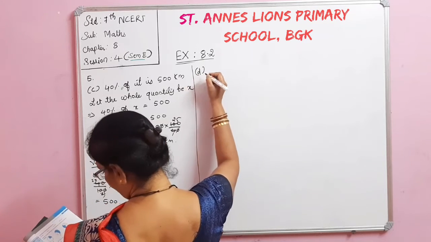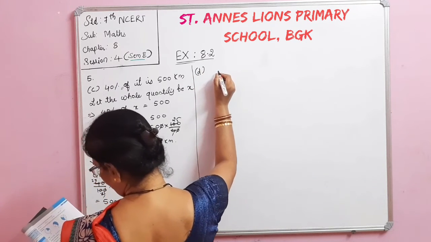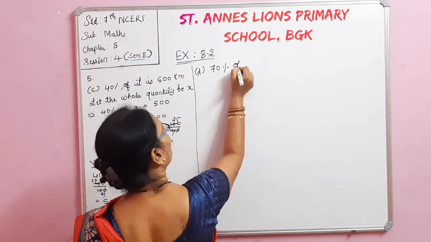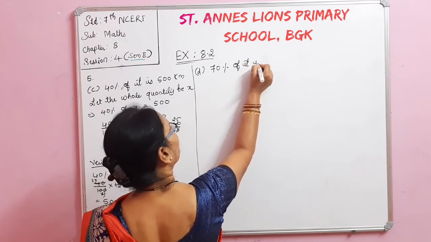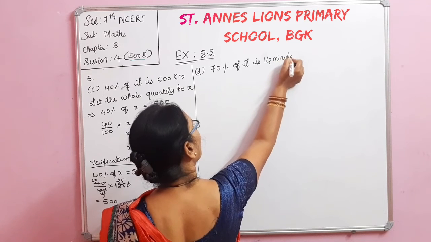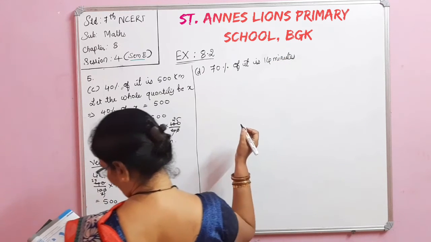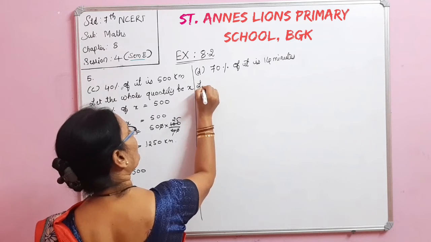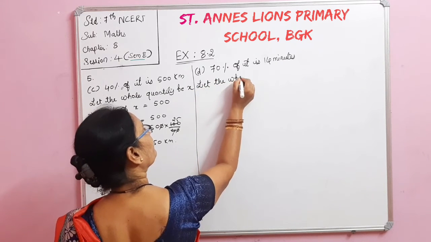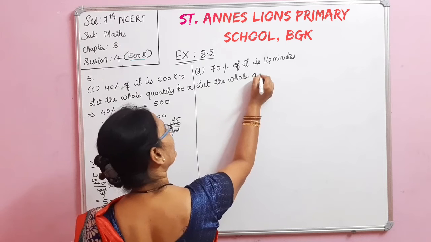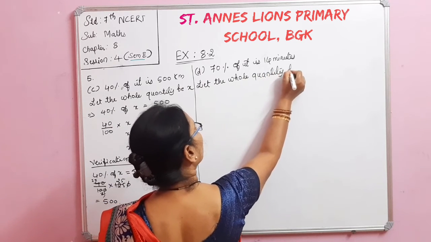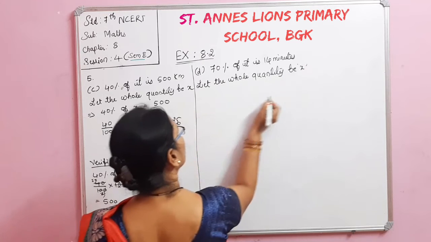Next, D. 70% of it is 14 minutes. Okay. Let the whole quantity be x.